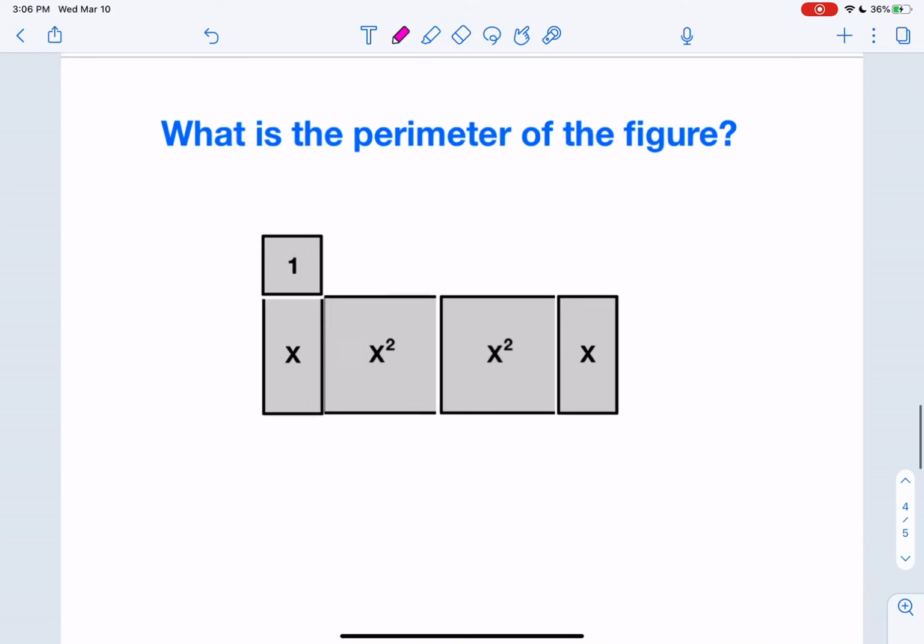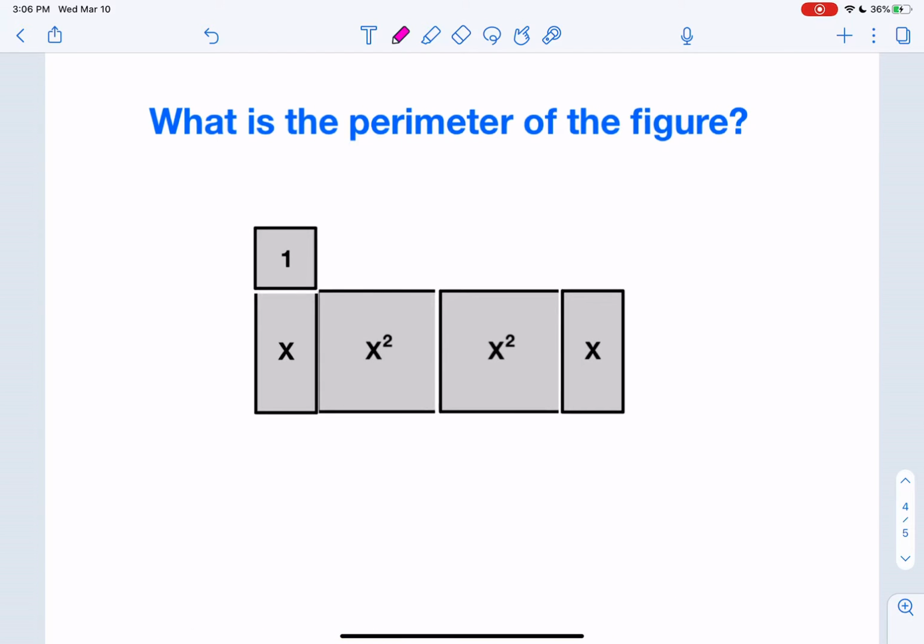So now we're looking at this shape. What is the perimeter of this figure? Okay, so we do the same thing. We go around.